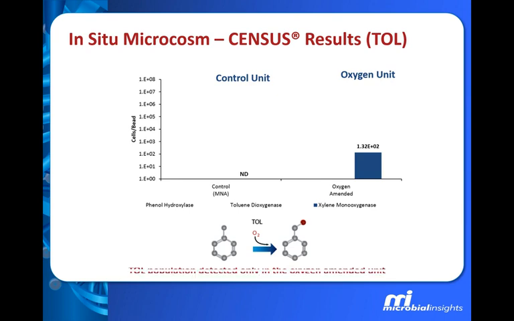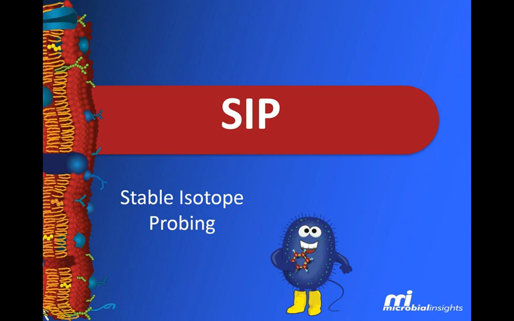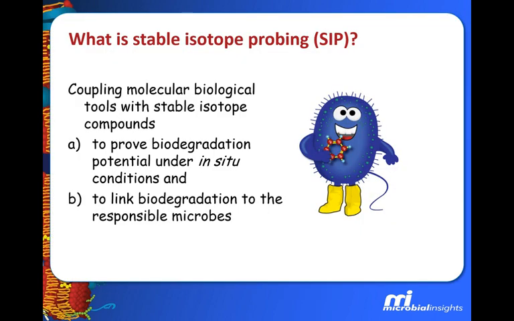And for xylene monooxygenase, that was non-detect in the MNA in situ microcosm, and was detected at moderate concentrations in the oxygen amended in situ microcosm. So obviously, the addition of oxygen is going to stimulate the production of those genes, or the expression of those genes that are involved in aerobic hydrocarbon degradation.